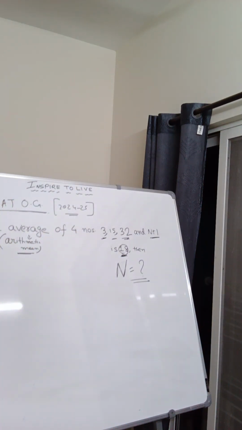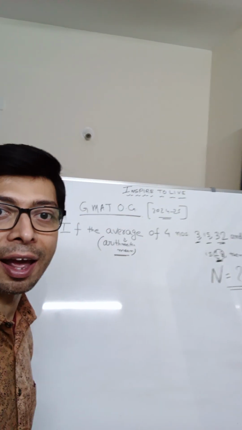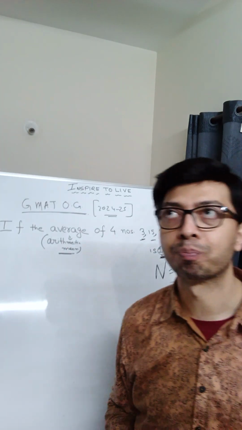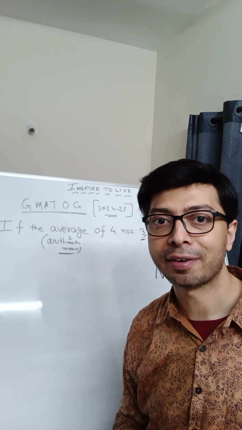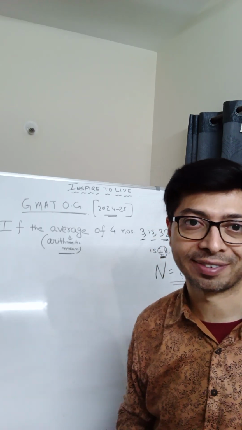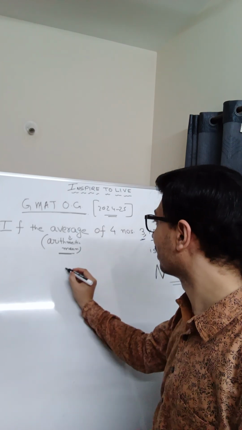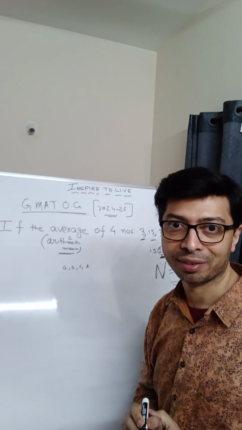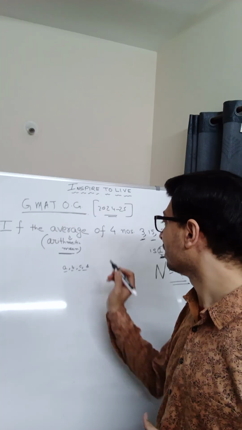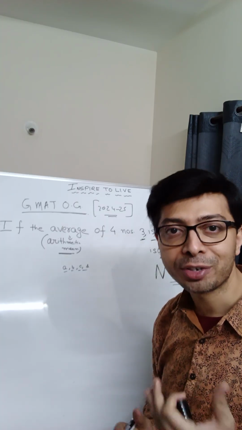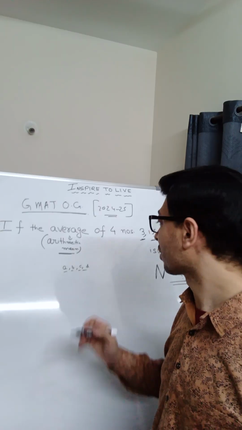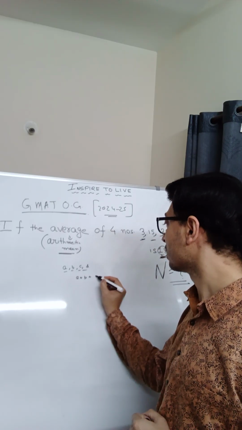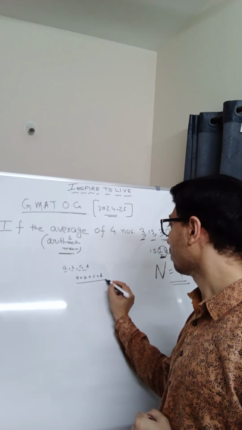Let's say we have four numbers, A, B, C, and D, and I want to calculate their average. I add them, A plus B plus C plus D, and divide by 4.